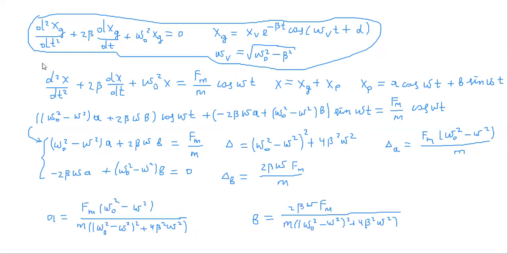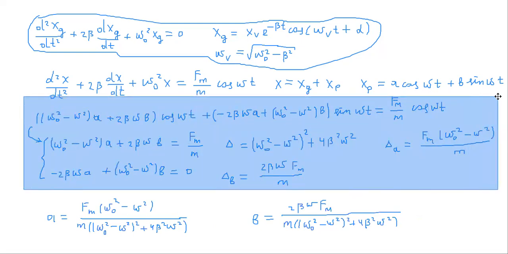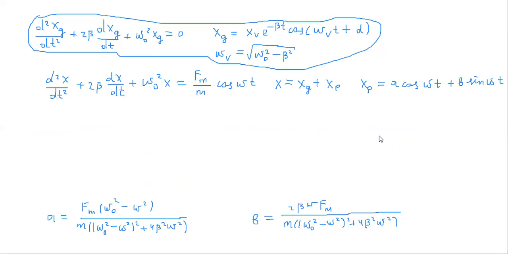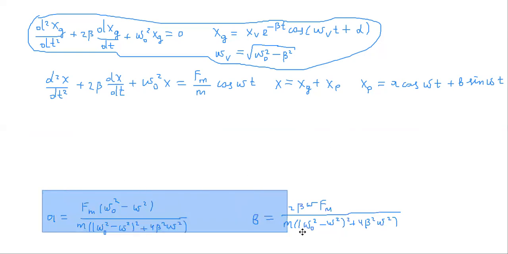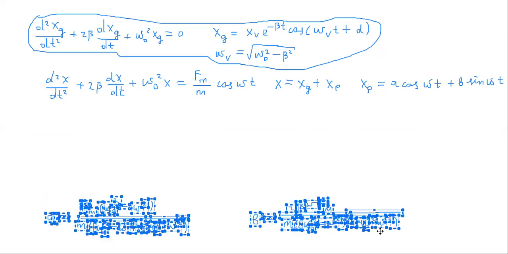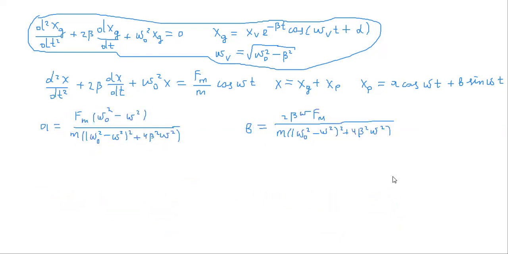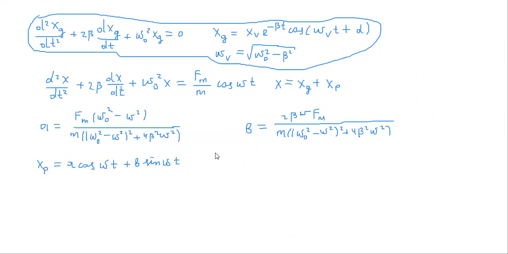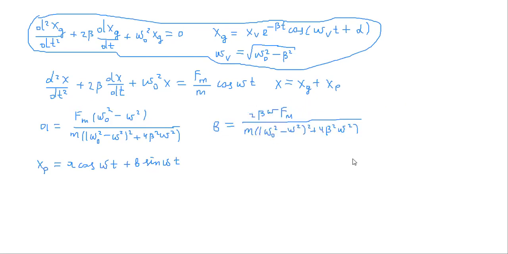And I will erase this. So we have obtained the partial solution xp in this way, where a and b are constants.